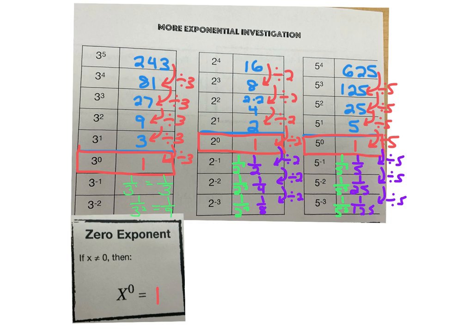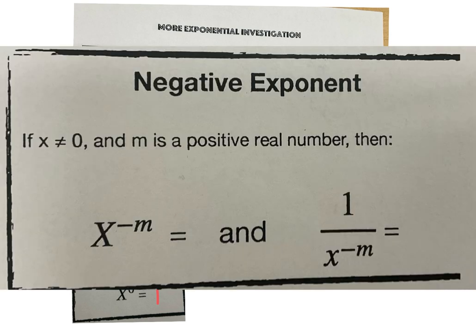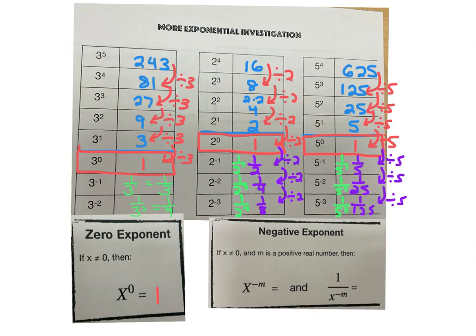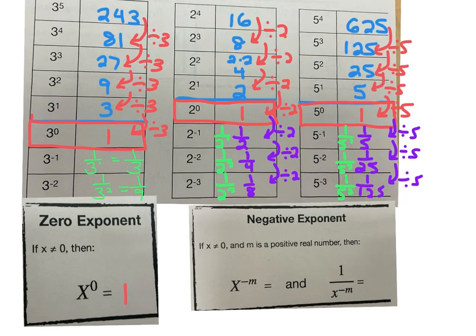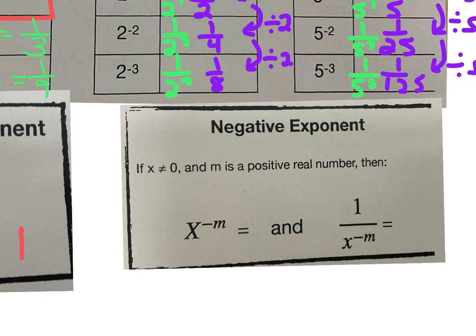So taking a negative exponent does not make the base negative. It's just going to take that value and make it smaller because it's showing repeated division instead of multiplication. So when we have a power such as x to the negative first, we're simply going to take the reciprocal and then the exponent becomes positive. If the negative exponent is in the denominator, the reciprocal would be to bring it to the numerator and the exponent becomes positive.